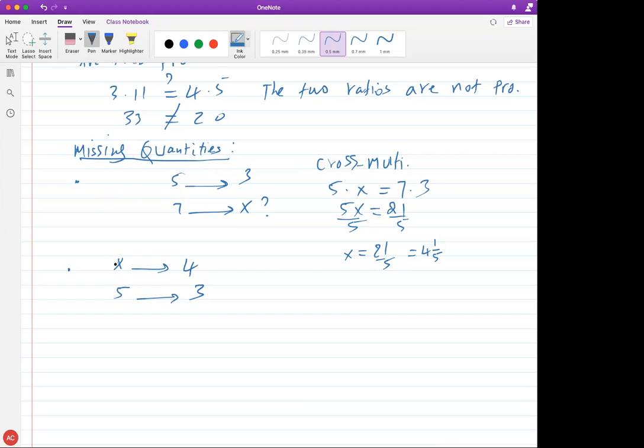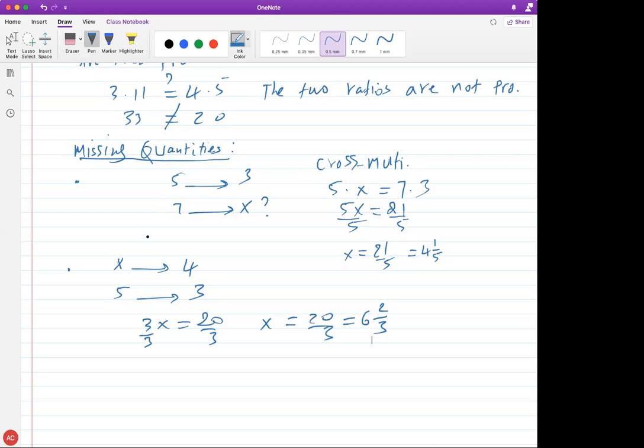Always start with the multiplication of the x on the left side, and then the other multiplication. Still the same, but we want to have the x on the side. So x times 3, that's 3x, and 20 on this side. And again, divide by 3, divide by 3. So x is 20 over 3, which is 6 and 2/3.